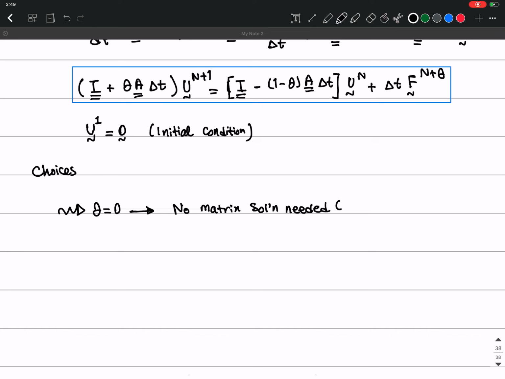And this is called explicit calculation, and it is order delta t.